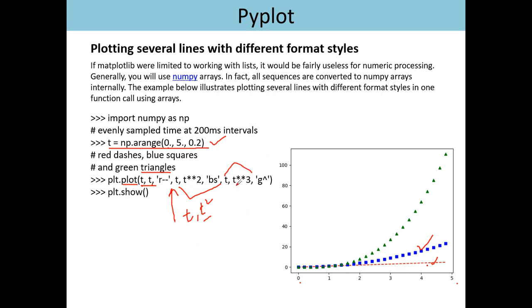So this is t exponent 3. And we are getting green with this symbol as a marker. So in this way, in a single plot, we are having three different lines. You can have more lines here also in the same pattern. Got it?